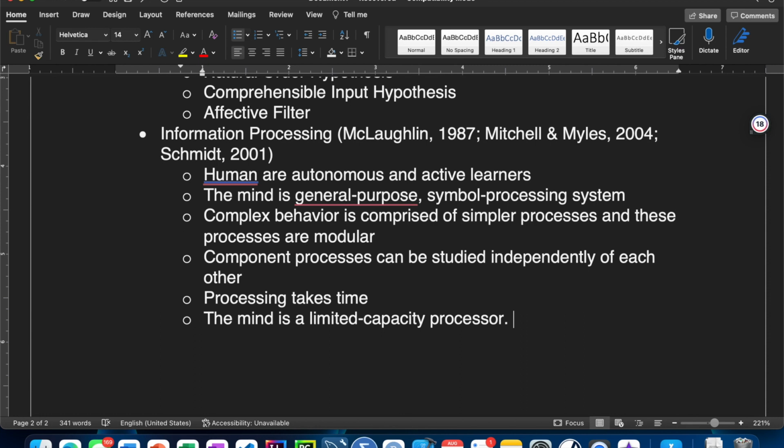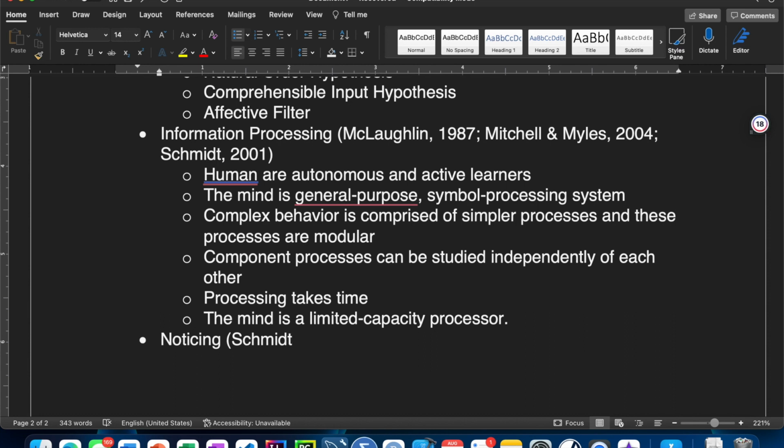Another very important part of this, then, is the issue of noticing, right? This comes to us originally from Schmidt.